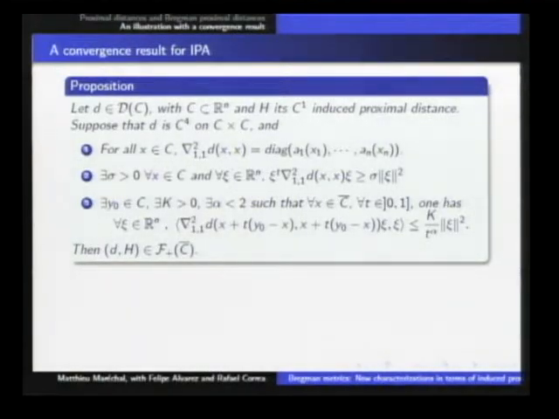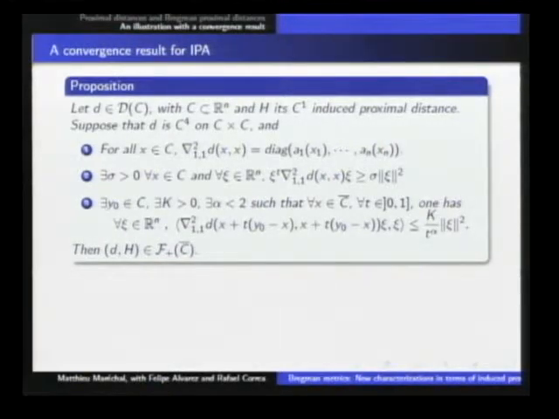We suppose that D has H as its induced proximal distance. We suppose about D a strong assumption, but an assumption only on the diagonal. We suppose that the Hessian on the diagonal xx is given by a diagonal matrix with separable terms. Moreover, that is a very strong assumption, and it could be good to have a weaker assumption.